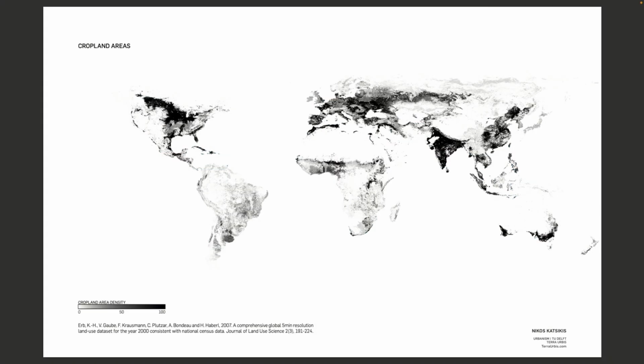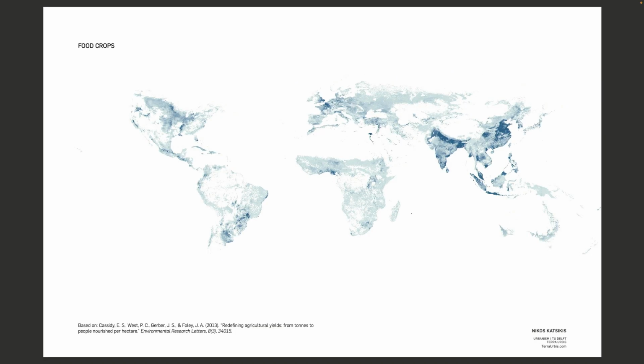So if we want to now dissect a bit more these maps that I showed you before, this is global cropland, right? But how much of this global cropland is actually feeding people, right? And you can now start seeing some patterns here that will make this make more sense for you, right? Because you see that these are areas that are normally cultivating crops for feeding people directly, right? And these are areas that are cultivating crops for feeding animals.